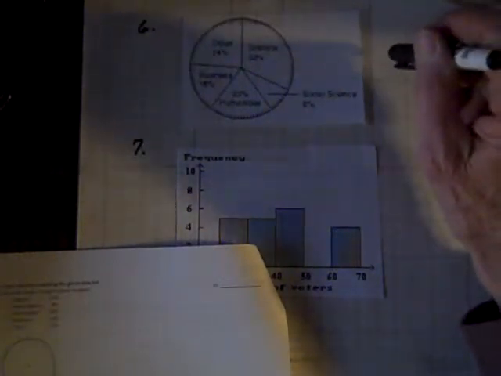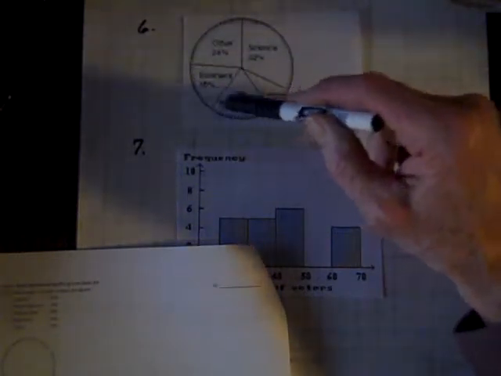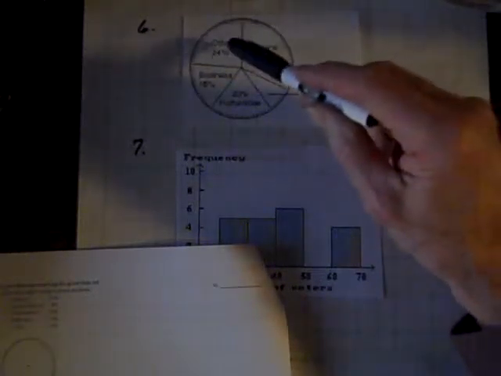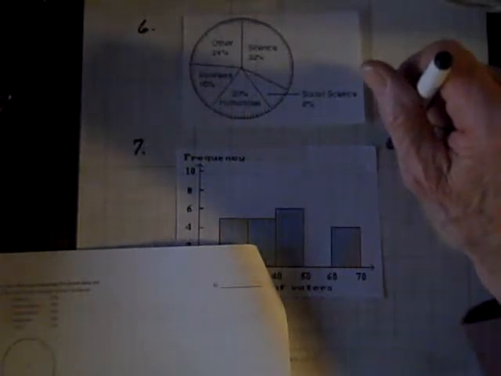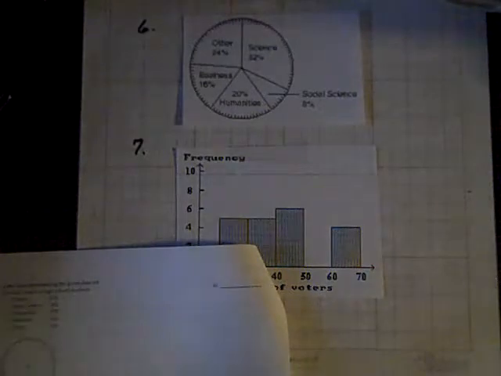But we can convert these into degrees because there's 360 degrees in a circle. So 24% of 360 degrees is almost 90 degrees. And as a matter of fact, let's compute those right now as we go along, and we'll get the degrees too.